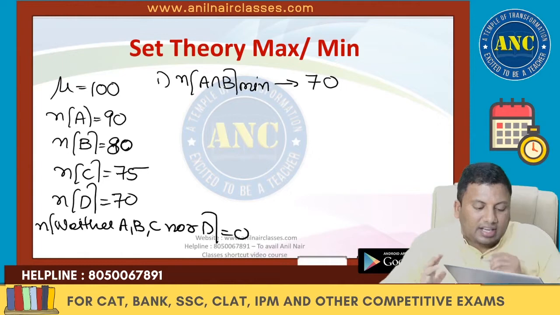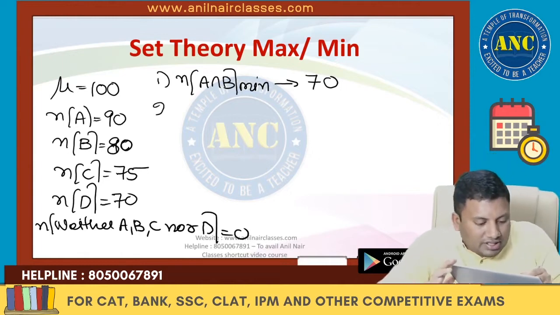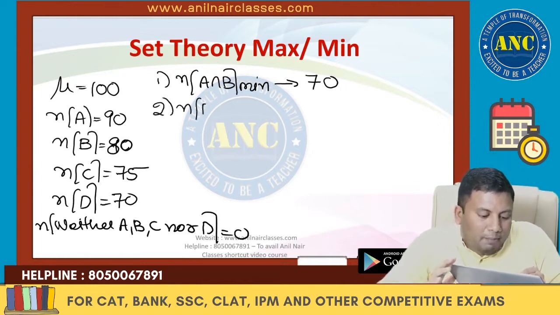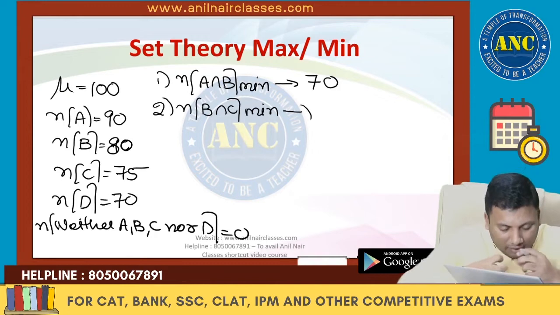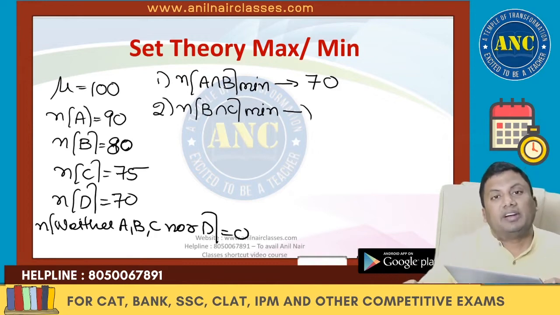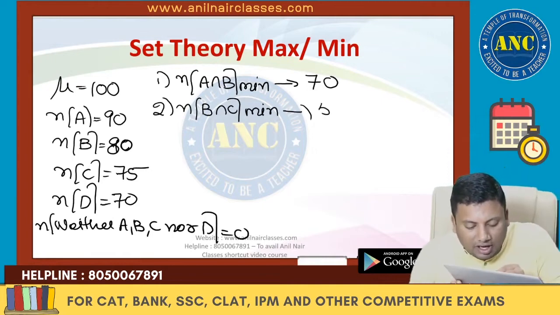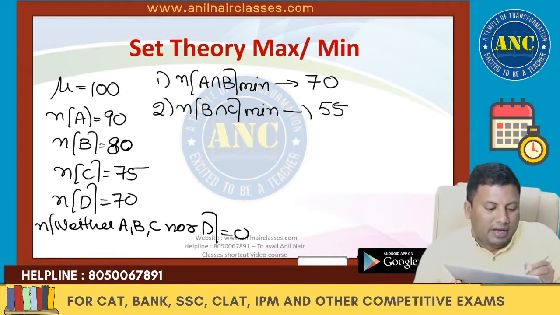First one answer is 70. Second one, N of B intersection C minimum. Intersection minimum, separate it. 80, 75, 155. Outside it is 100. So what will be the value? 55.